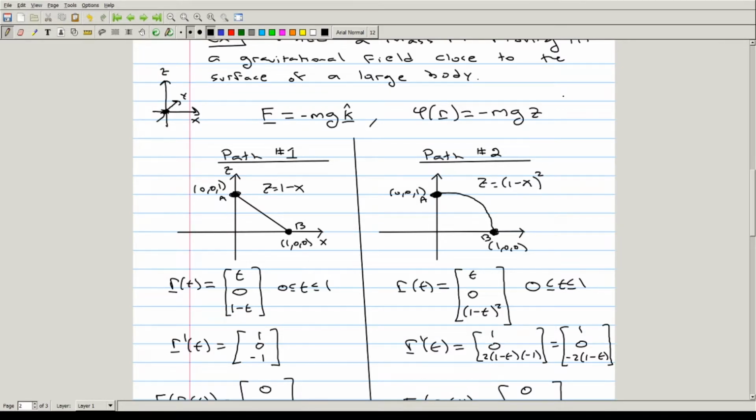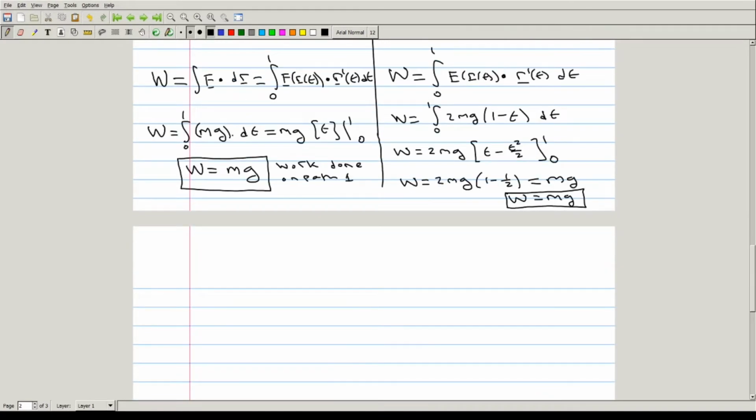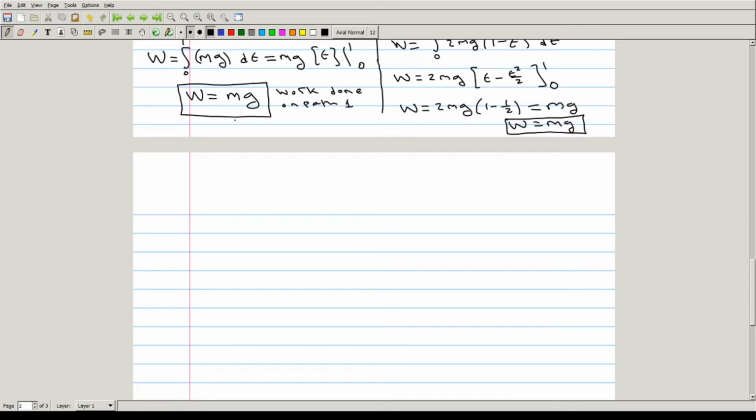And sure enough, this is exactly the condition. For any conservative vector field, we're going to see that the line integral is path independent. This is a very, very important idea because this example is relatively simple, but we'll be able to show this for any conservative vector field, no matter how complicated it is.